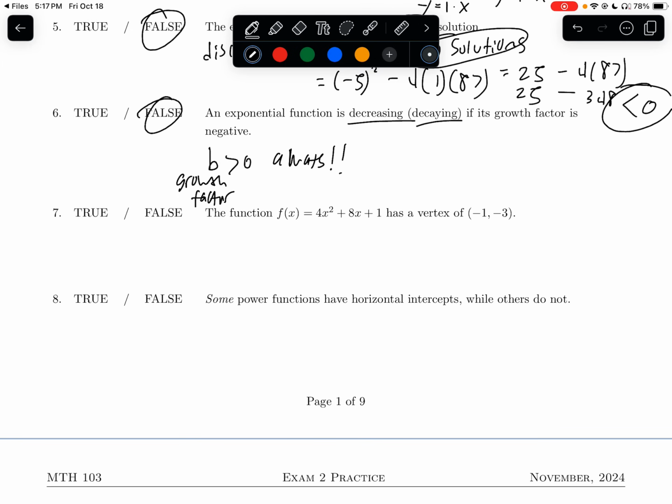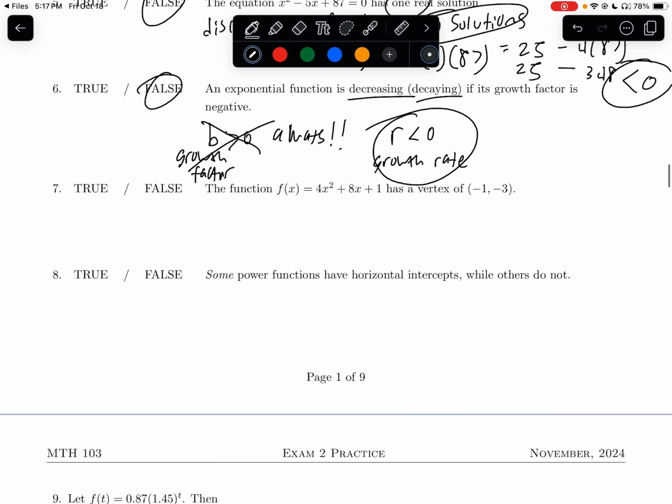You can never have it be negative, so that should be an indication that this is wrong, but maybe what this is getting at is that if r is negative, which is the growth rate, then it's decaying or decreasing, but it's not the growth factor. That always has to be positive. It can never be negative.